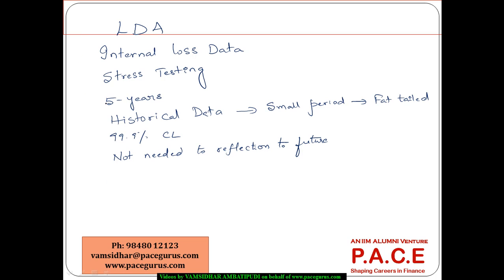Now, when we are talking about the loss distribution, there are two major components in this. One is the loss frequency, right? We are looking at the distribution relating to the frequency of losses and the distribution relating to the severity of the losses.